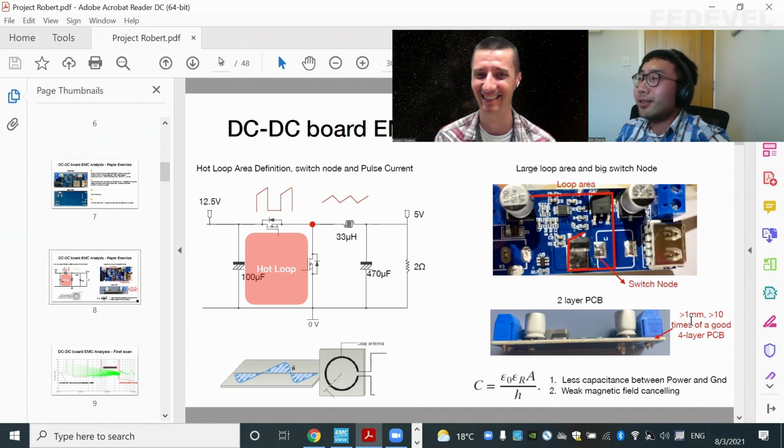Yeah, I think we can maybe have another session on that, because I've done quite a bit of research into that area. It also depends on how you lay out the inductor. Vertically or horizontally, you will have different results.